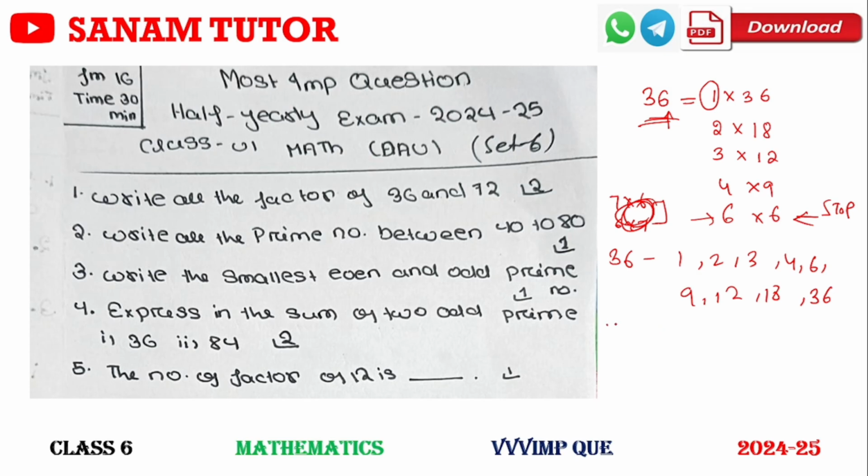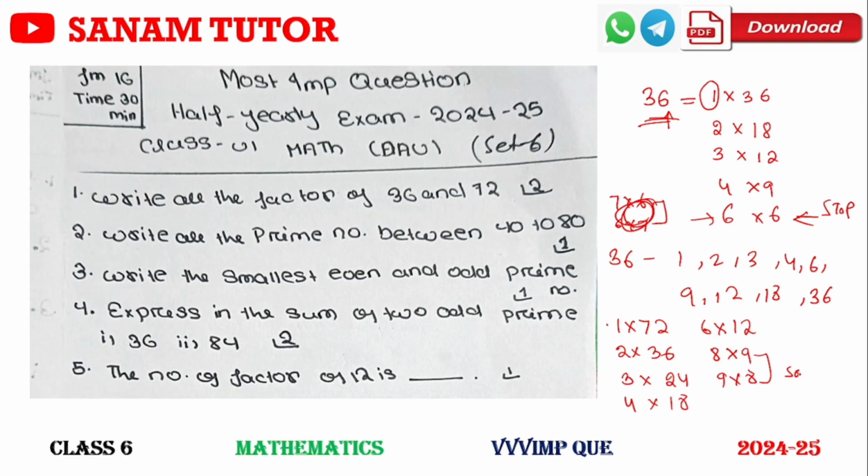Similarly, you can write 1 into 72, 2 into 36, then 3 into 24, 4 into 18, now 6, 6 into 12, 7 no, 8, 8 into 9, 9 into 8. Here these two steps are equal, so stop.